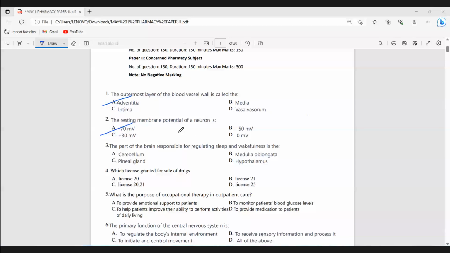Then coming on to 0 millivolts, it is the membrane potential when the neuron is undergoing an action potential.